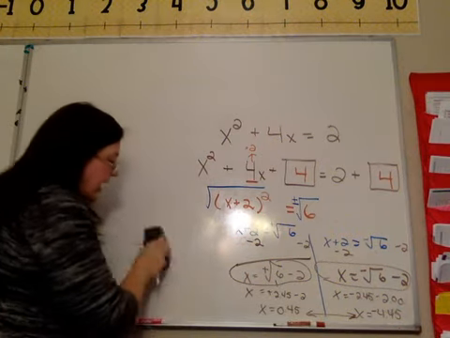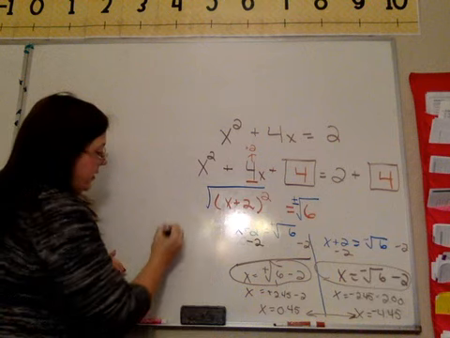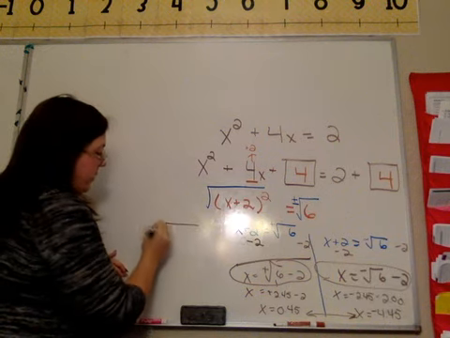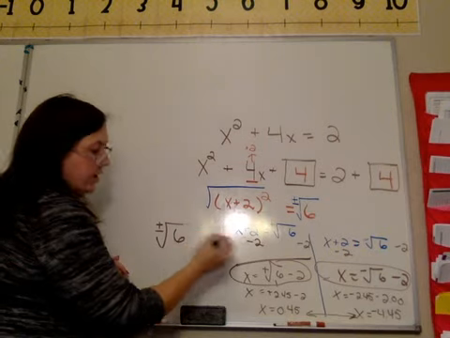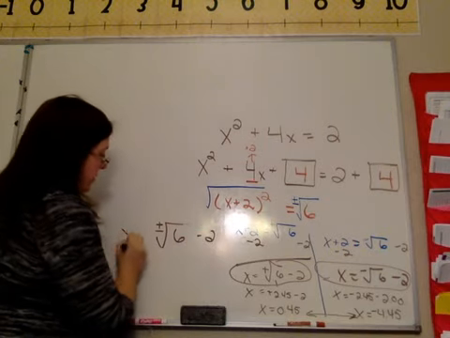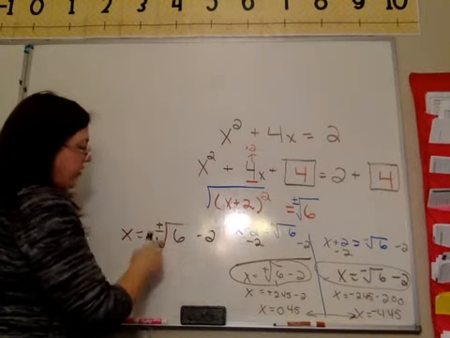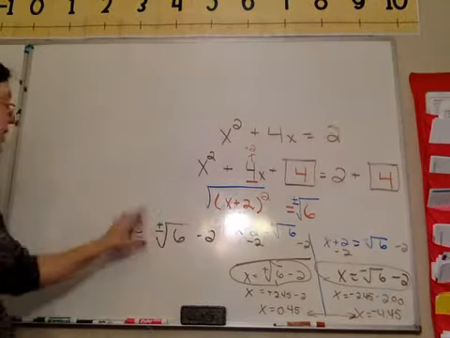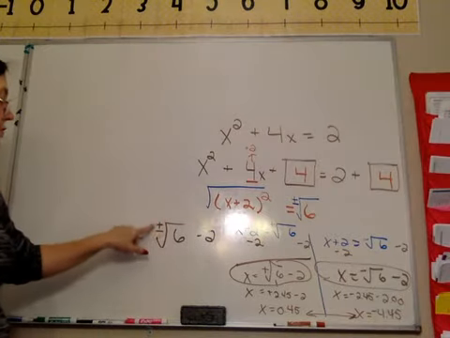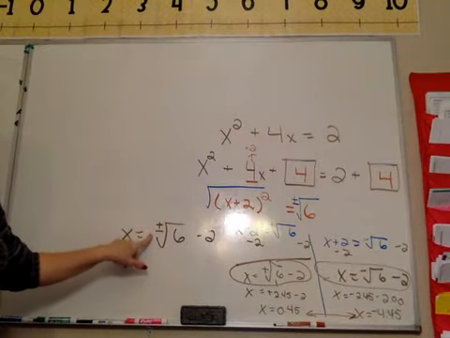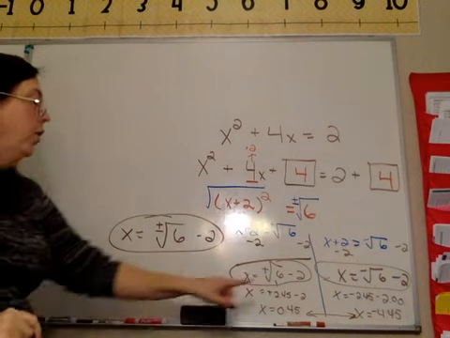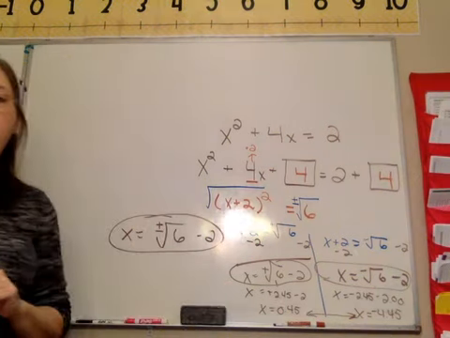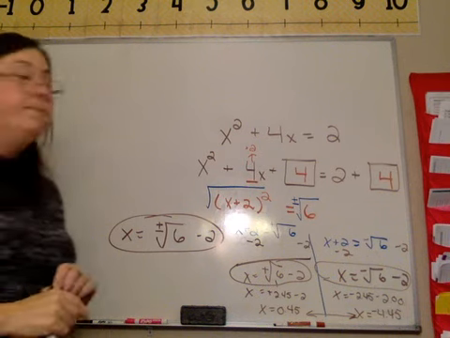You can write plus minus square root of 6, and then you could have done your minus 2 as well. This does not have to be written twice, so this would have covered both your answers if you remember to put both your plus and your negative. So you could have just written this, and I would have been fine with it. Or you could do both. That's okay as well. All right?